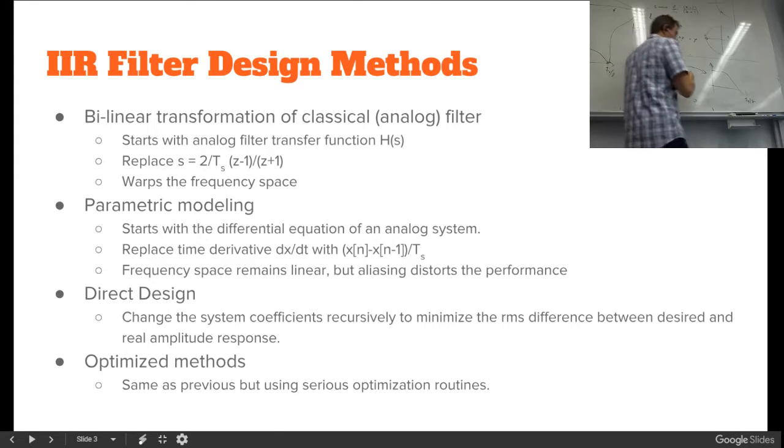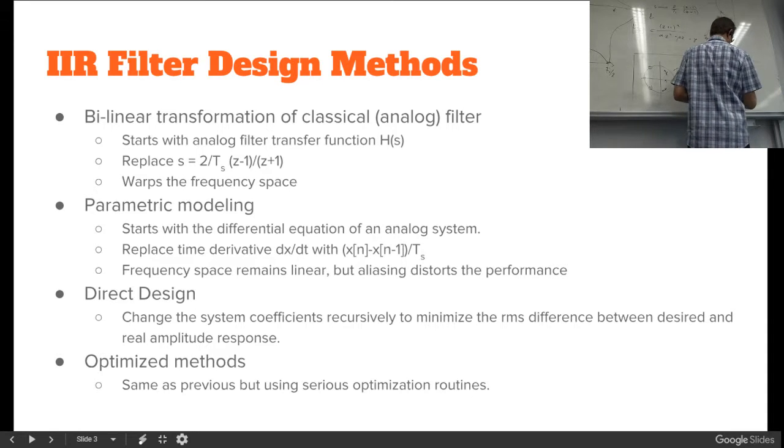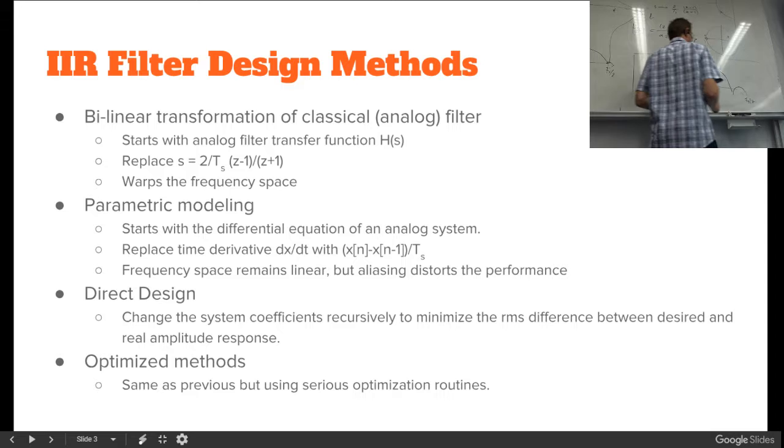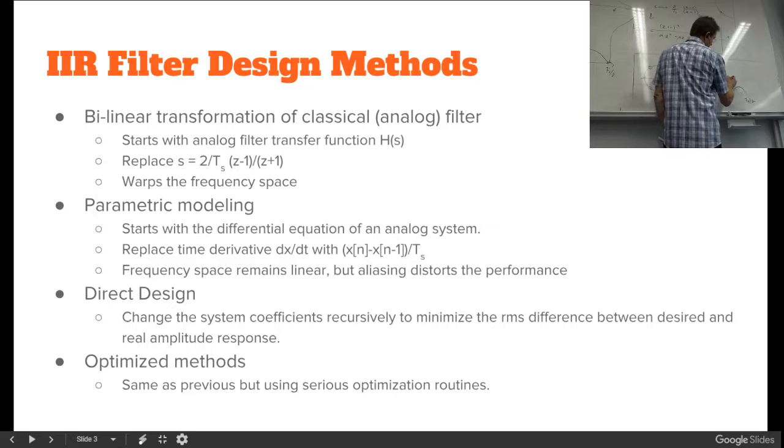for example, pole locations, or well, that's not right. In logarithmic scale, it goes like that. So we can start tweaking, for example, if we move these poles that way, we will actually tweak this band, like that.